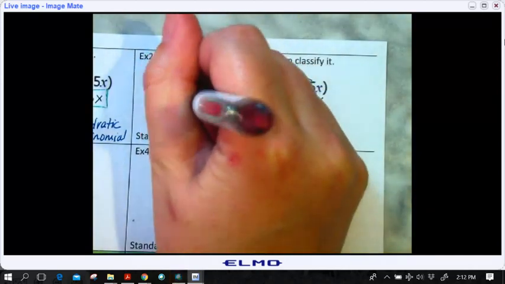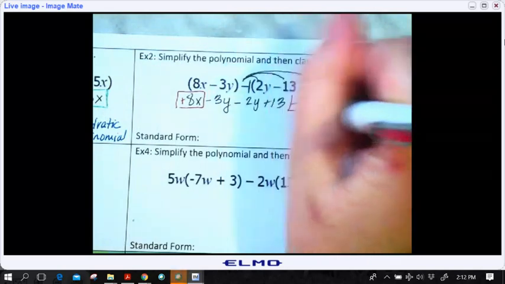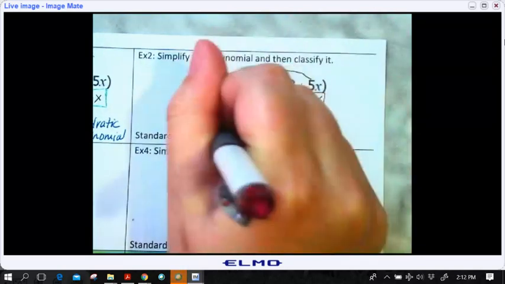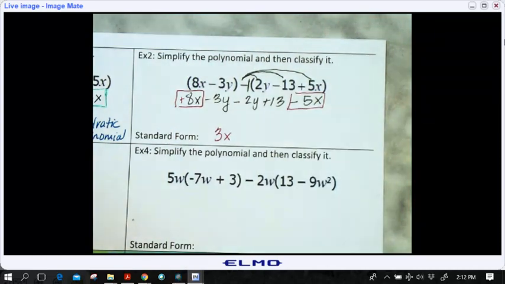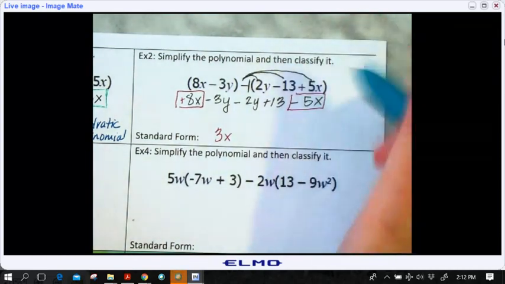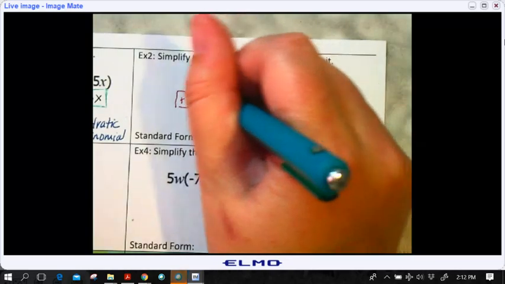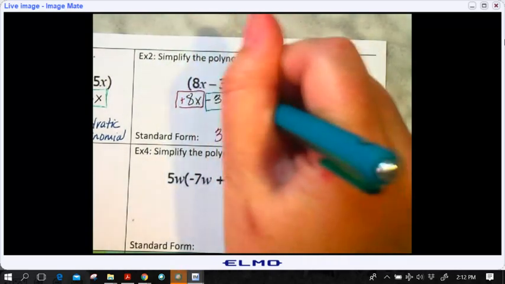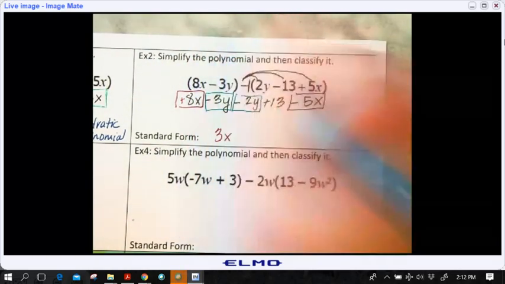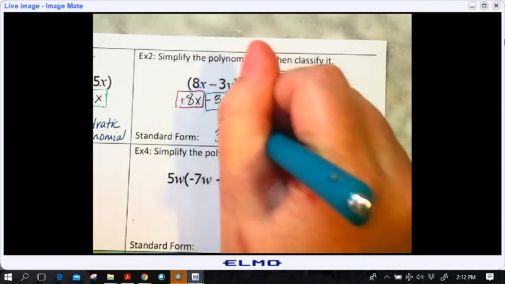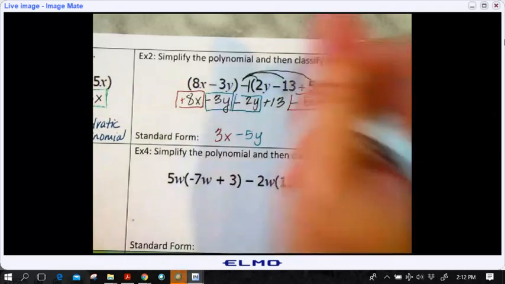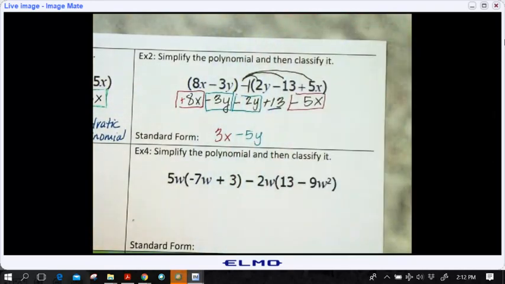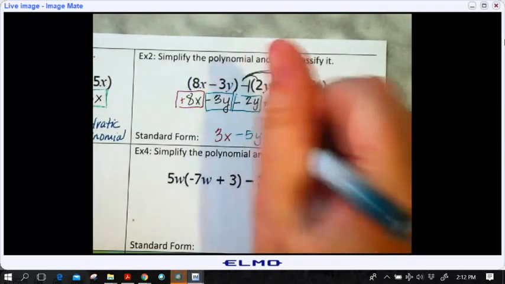A positive 8x minus a 5x gives me 3x. A negative 3y and a negative 2y give me negative 5y. And then I've got this positive 13, and I can't combine this with anything, so I'm just going to bring it right down.